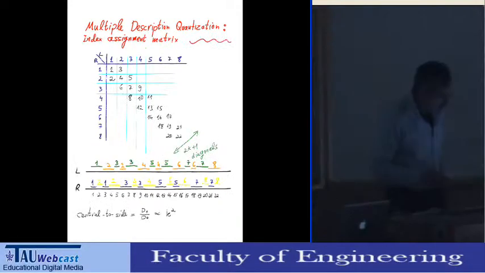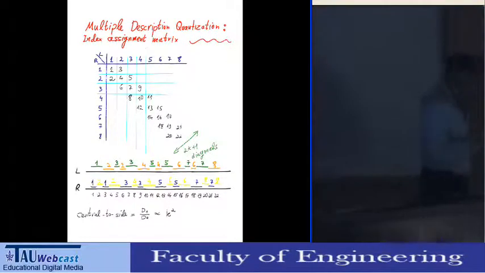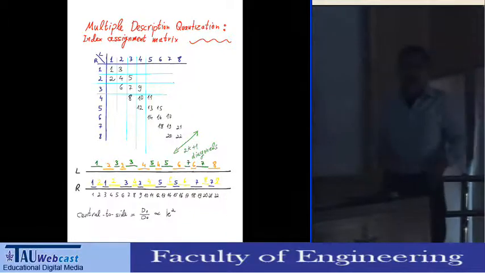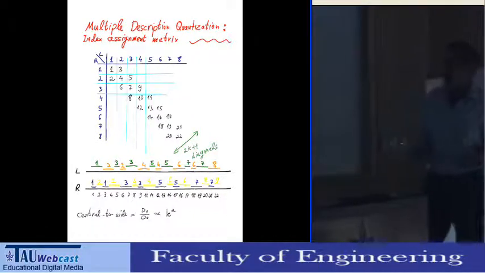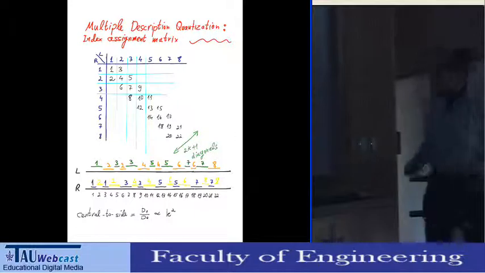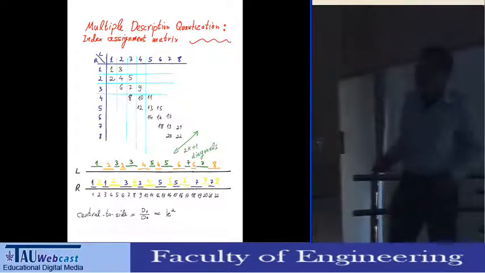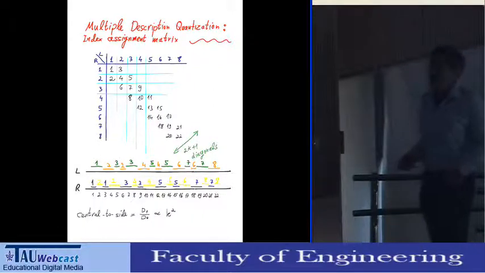Vaishampayan, one of the names which I mentioned earlier, provided a generalization of this staggered quantization approach. He said, okay, let's divide the line into small intervals. Each small interval gets a number. Let's put the numbers in a matrix such that the column is specified by one packet, and the row is specified by the other packet.